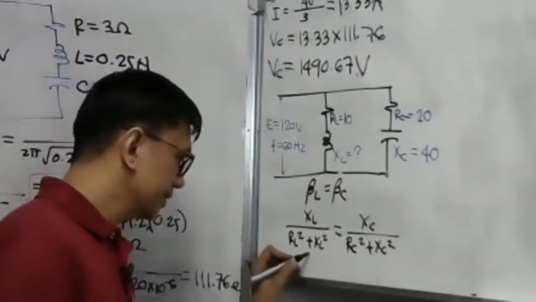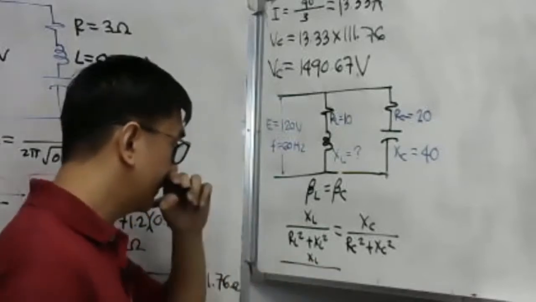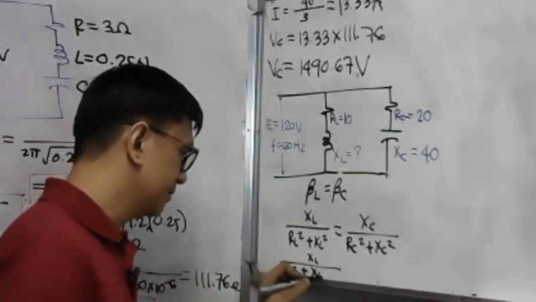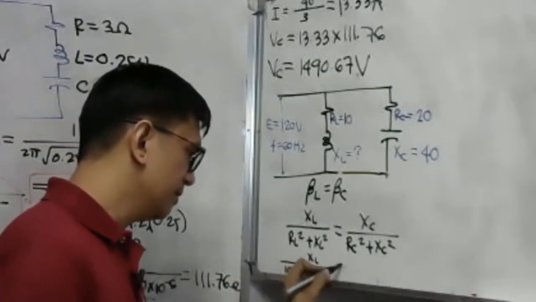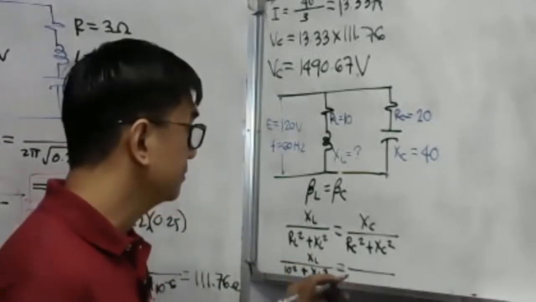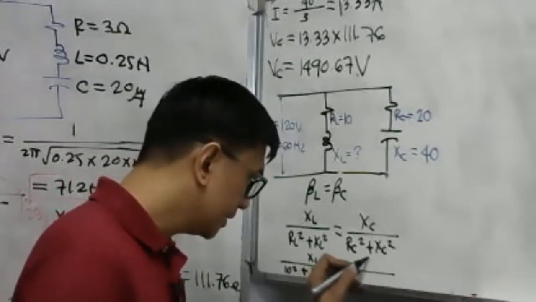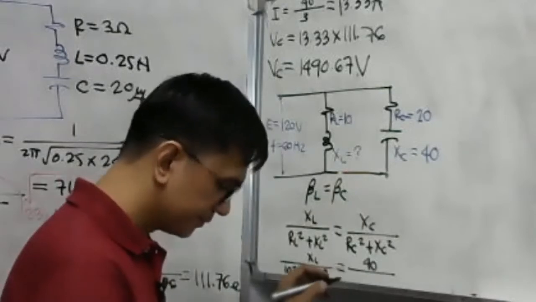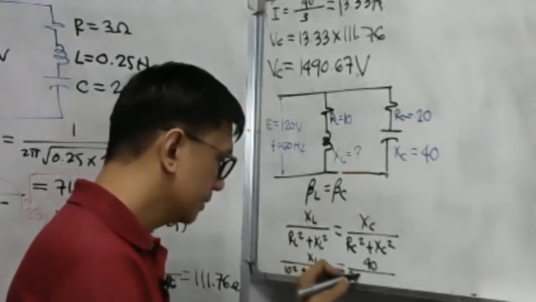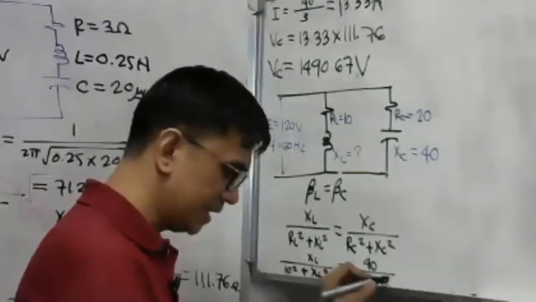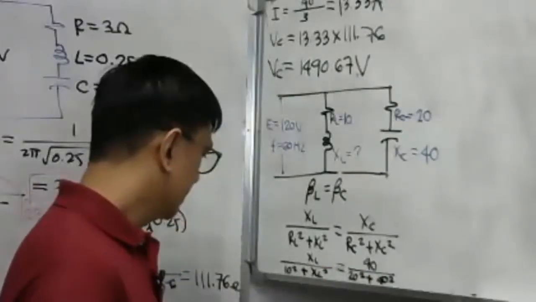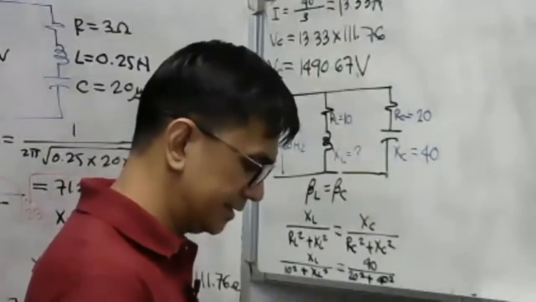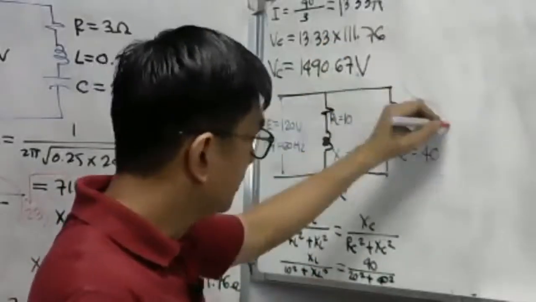So this is X sub L over 10 squared plus X sub L squared, equivalent to 40 over 20 squared plus 40 squared. I already solved this, I'll just give you the value, and you can verify in your sheets.